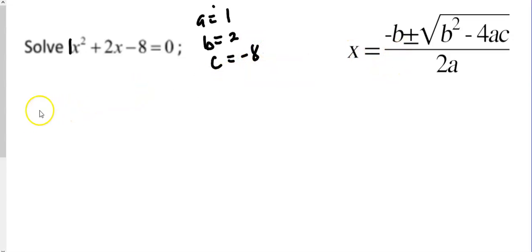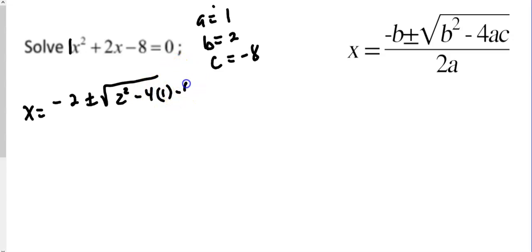So we're just going to plug and chug. x is going to be equal to the opposite of 2, or -2, plus or minus the square root of 2 squared minus 4 times 1 times -8, all over 2 times 1.